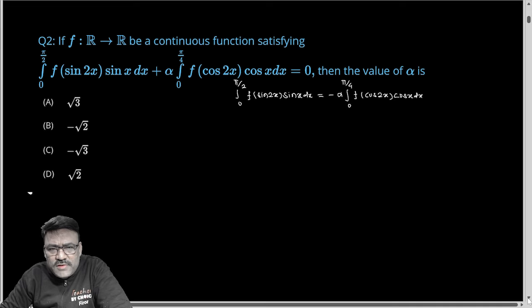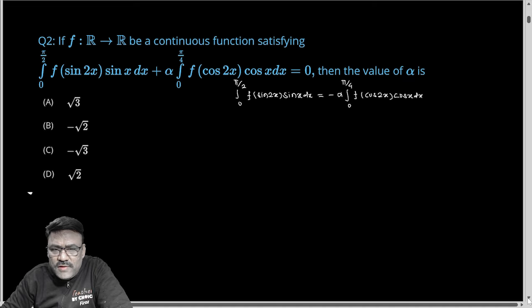So that simply means that this integration on the left, I have to convert it in the form of cos 2x and cos x. One more thing, on the left side I have limit 0 to pi by 2, and on the right side the limit of integration is 0 to pi by 4. So I have to convert this limit from 0 to pi by 2 to 0 to pi by 4.